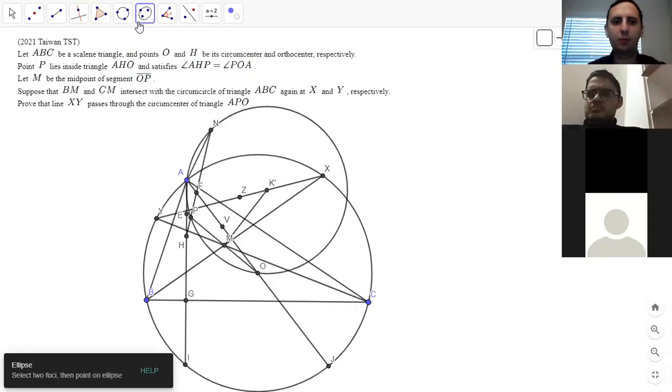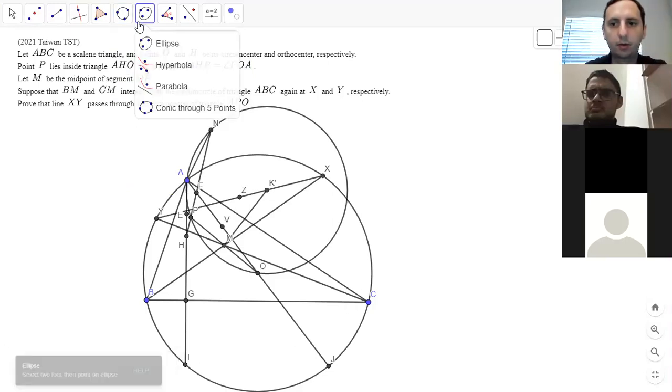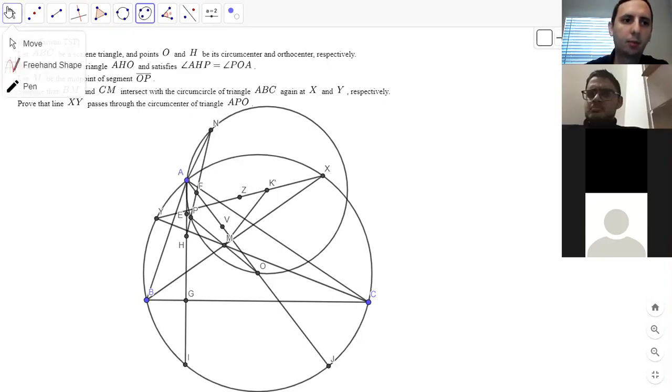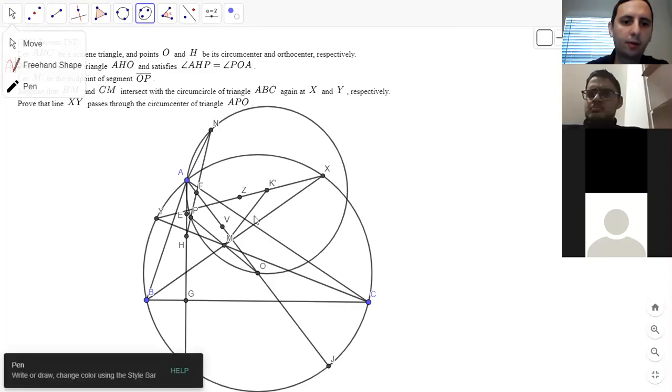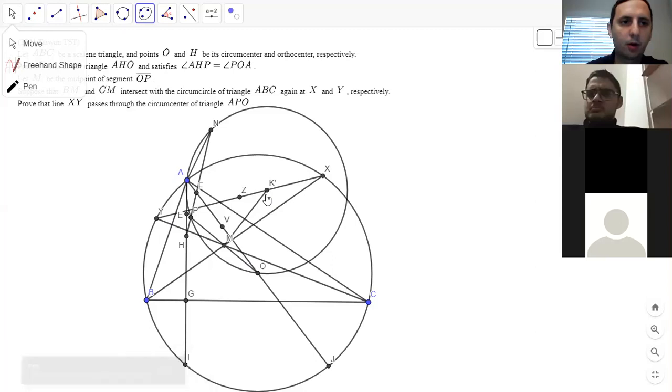But I consider K prime as the center. So Vance just asked me a question. K prime, we've redefined it to be where the perpendicular bisector of PO meets XY.